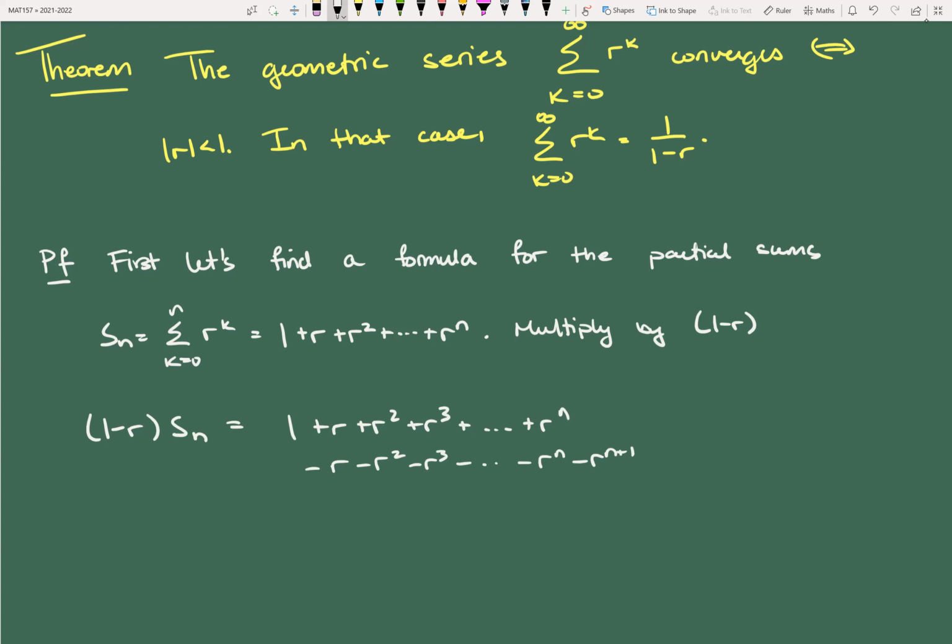And when you do all of that, you just get 1 minus r to the n plus 1. This isn't necessarily crazy. We know this is true, and it's what happens when you factor a difference of nth powers.